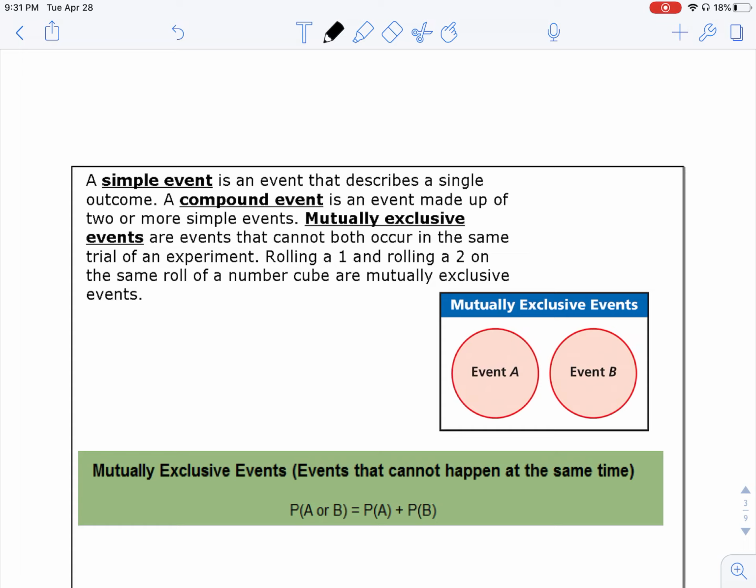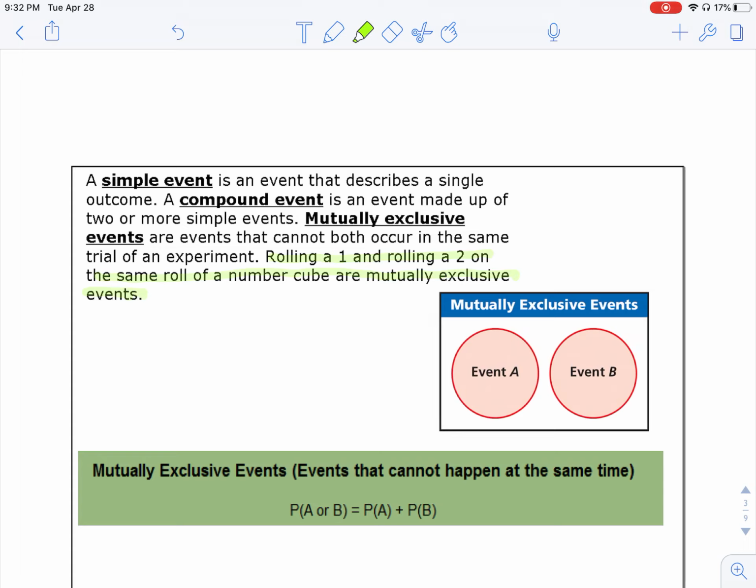Again, a lot of these math definitions don't make great sense unless you look at an example. So they give you an example of rolling a 1 and rolling a 2 on the same roll of one number cube, one die. Is it possible to roll a 1 and a 2? No, it's not. If you're only rolling one die, not possible. So we would consider those events to be mutually exclusive.